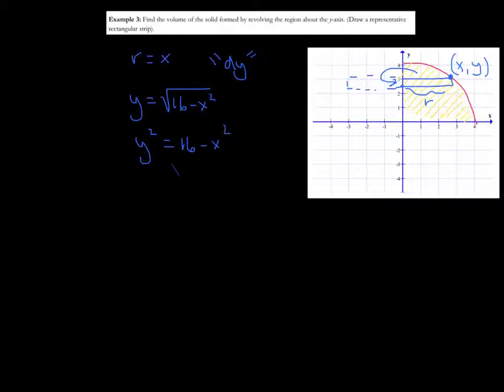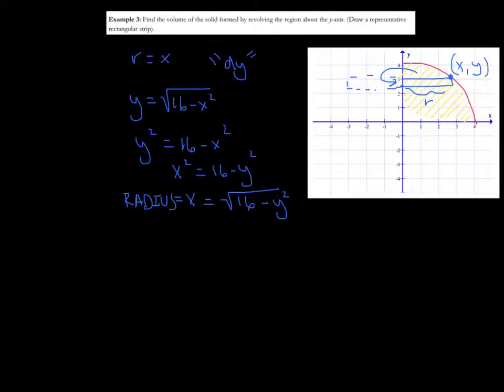Move some things around, and we get x squared equals 16 minus y squared. All right? So if we want to solve it for x, we can, but you're going to see later we don't really need to. So x will be equal to the square root of 16 minus y squared. So that is our radius. All right, that is our radius.